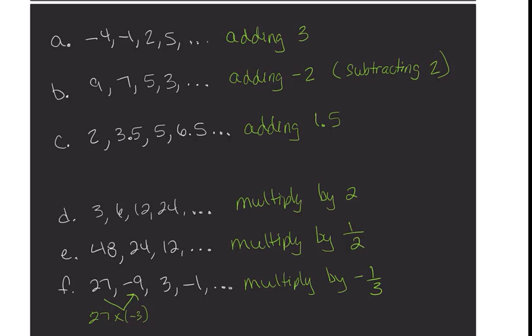Awesome. All right. So these two sets all get put into a category. All three of these, because you are adding a number, are called arithmetic sequences.